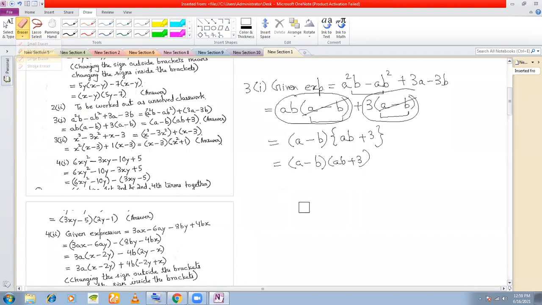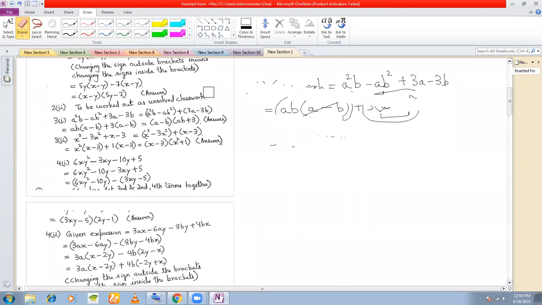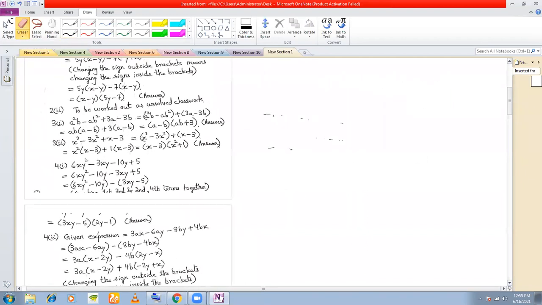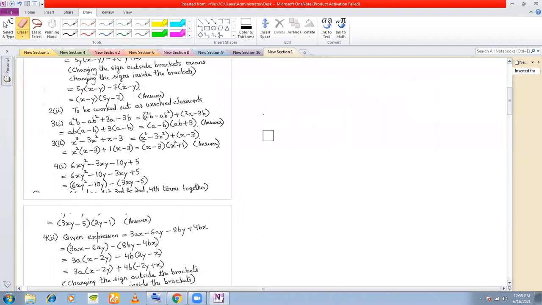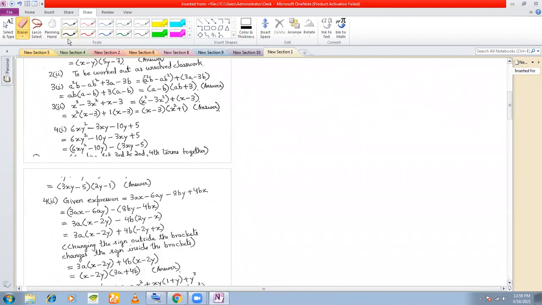Next one, 4-1. Given expression 6xy square minus 3xy minus 10y plus 5 is equal to.